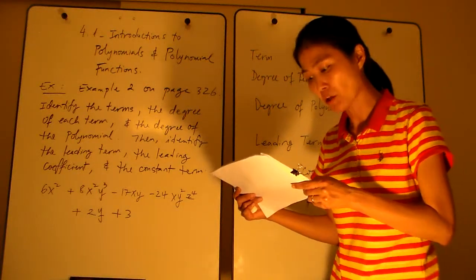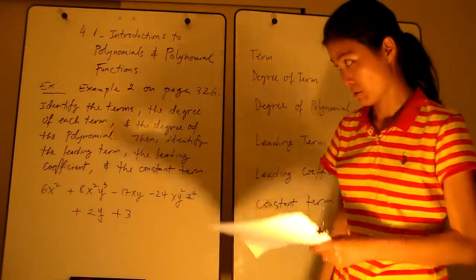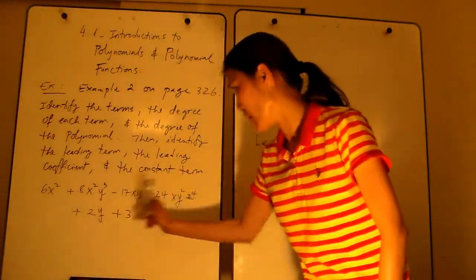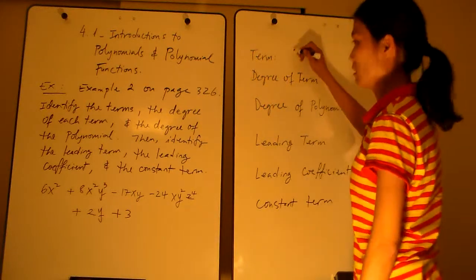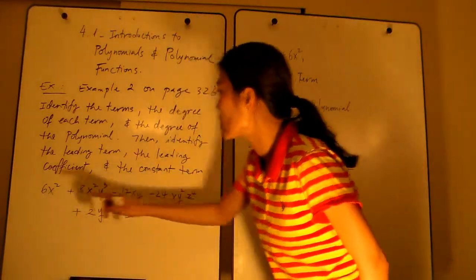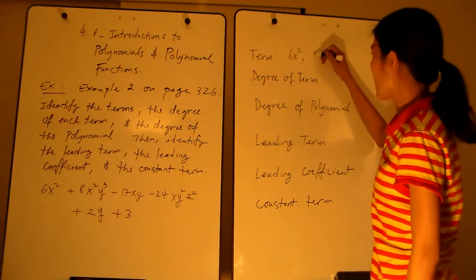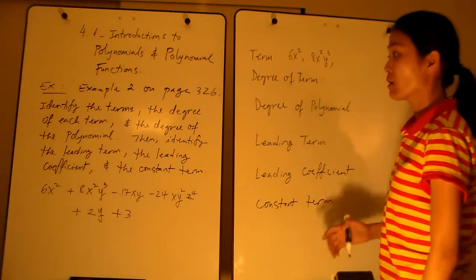Now look at my notes, or in the book, which says that the terms of a polynomial are separated by plus or minus. So these are terms. You would say 6x squared is one term. The second term is ax squared y to the third power.